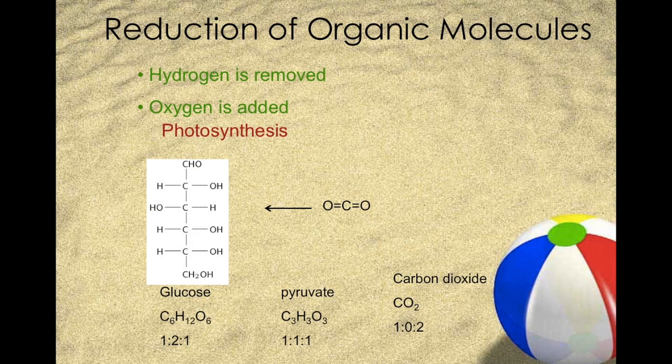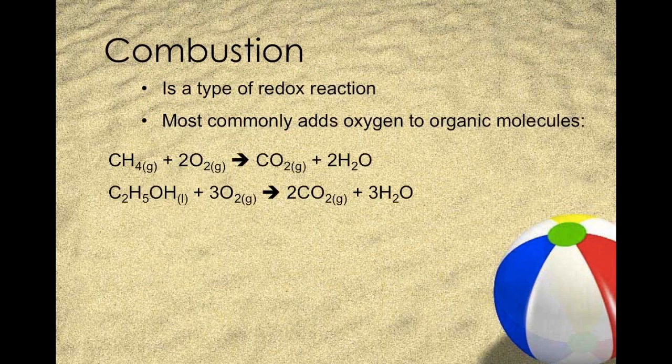So in this process, we do the opposite of oxidation. We have basically CO2, so there's no hydrogens in that molecule, and we keep adding hydrogens until we end up with C6H12O6. So this reaction requires energy, which is why plants require sunlight to grow.